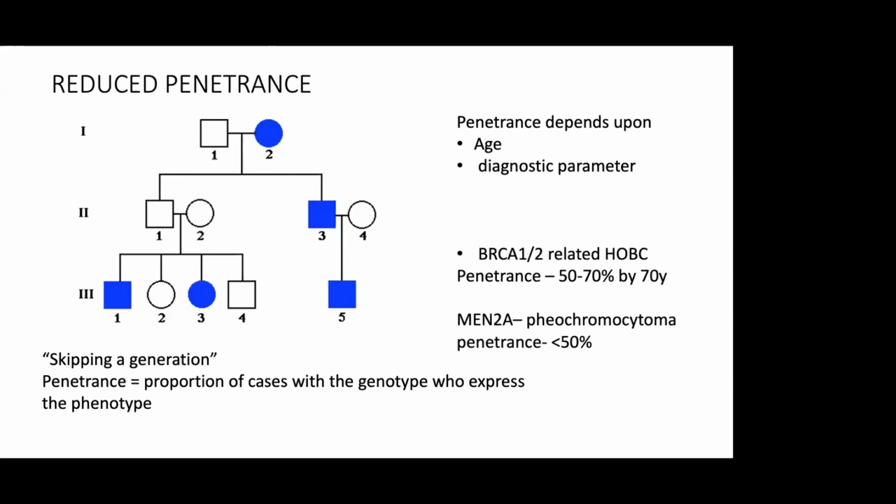So that means if we have 100 individuals with a BRCA1 or BRCA2 mutation and follow them up till 70 years of age, then only 50 to 70 out of the 100 will have manifestations of breast cancer. So that means even if she carries the mutation, she may not manifest. This factor has to be kept in mind while doing asymptomatic or pre-symptomatic testing and subsequent counseling.